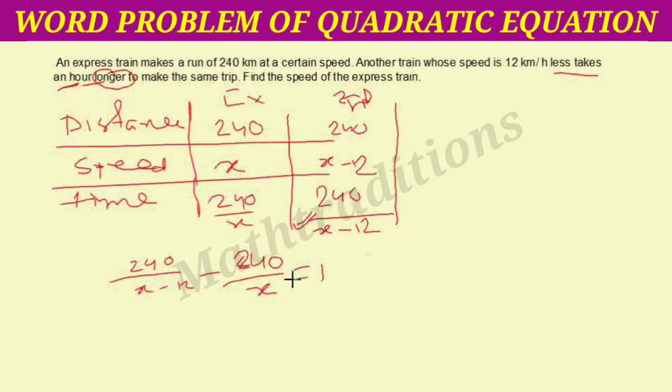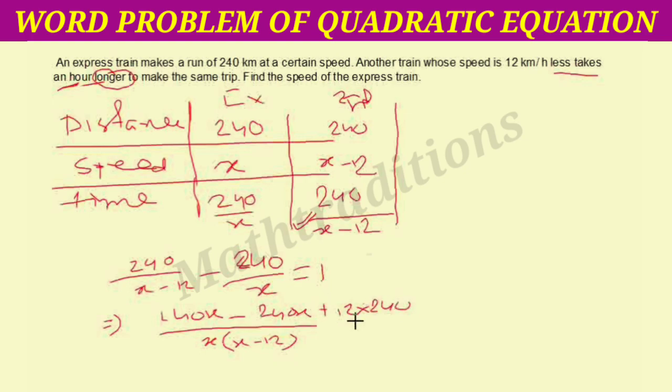Now if we simplify this equation, we will get x into x minus 12 in the denominator, and the numerator will be 240x minus 240x minus 12 into 240, sorry, that will be plus 12 into 240, is equal to 1. Now 240x and 240x will be cancelled out.